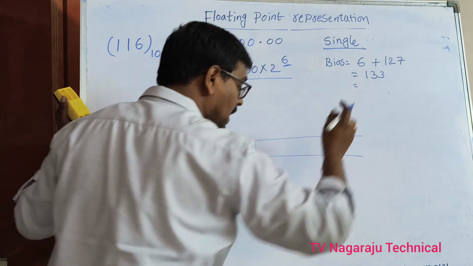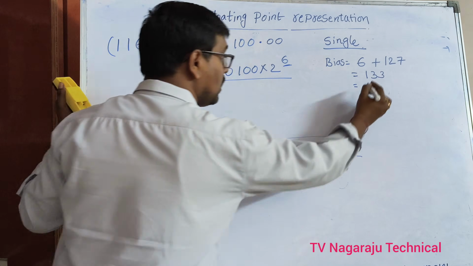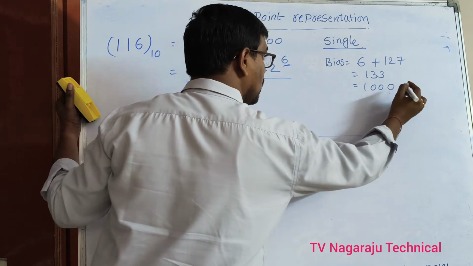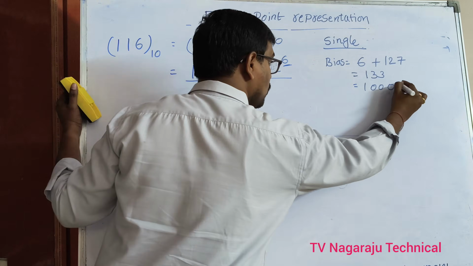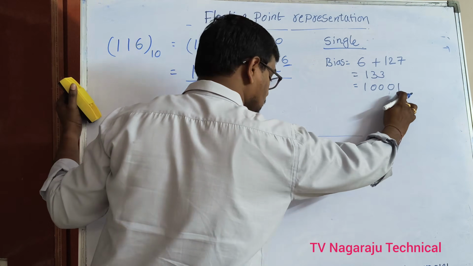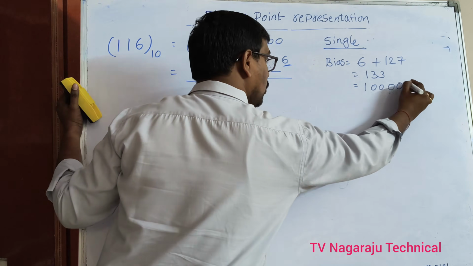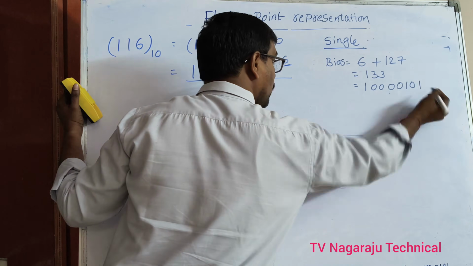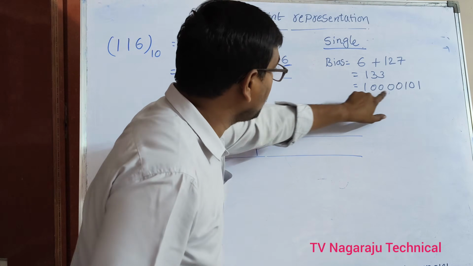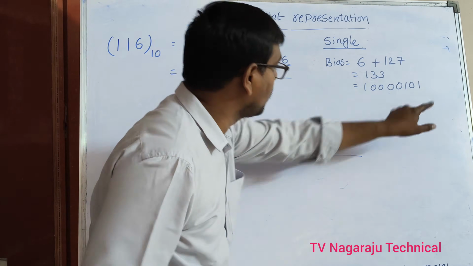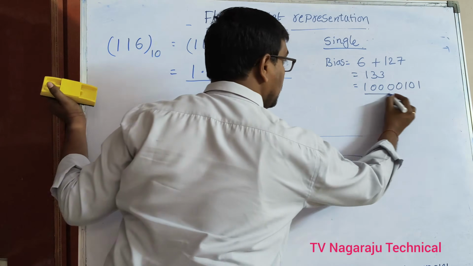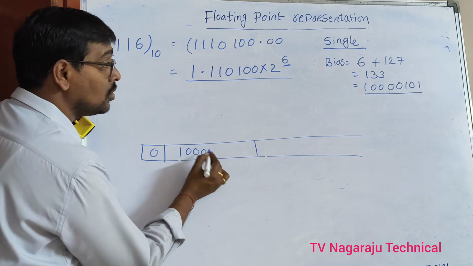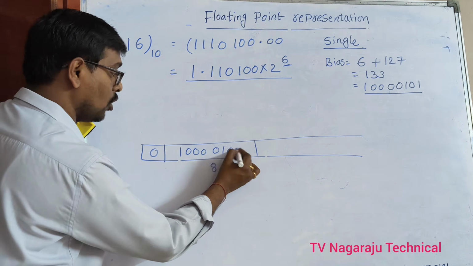Now what is the binary value of 133? 128 plus 4 is 132, plus 1 is 133. So the binary representation is 1 0 0 0 0 1 0 1.